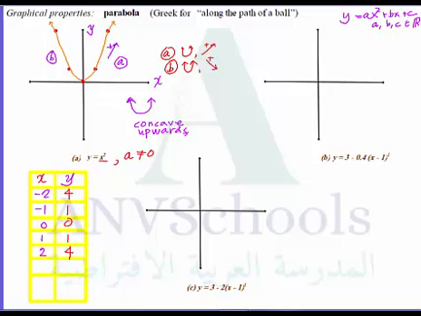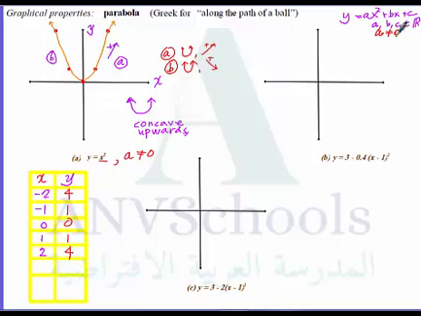What else do you see there? Your a should not be equal to 0, because if a is equal to 0, then you would have 0x squared plus bx plus c, which will give you a linear function, bx plus c only. So that is one of the characteristics of the general equation of the parabola or the quadratic function.